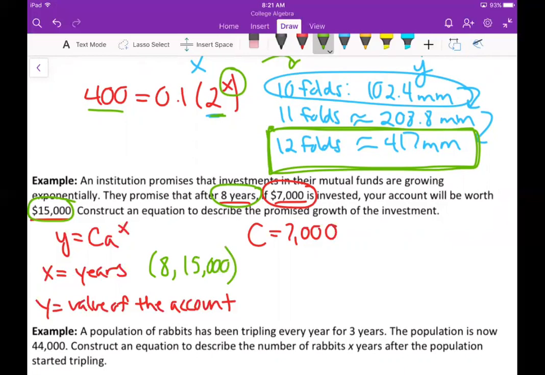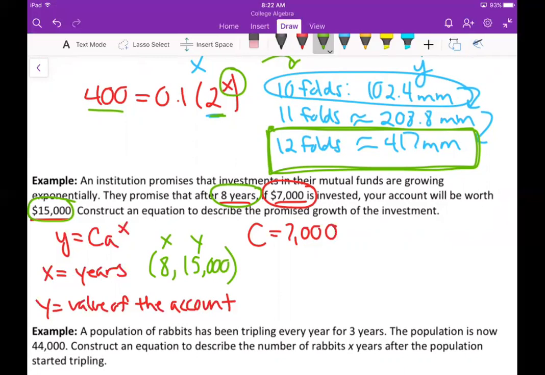So what we have to do on this particular problem is actually find that growth factor. We have an x and y, so similar to how we used to find the b value in equations, we're going to find the a value in this equation.